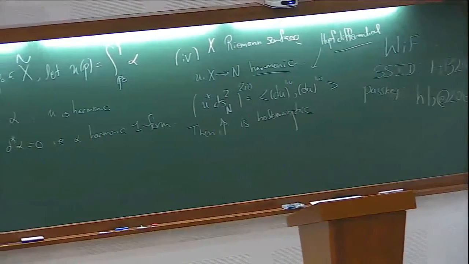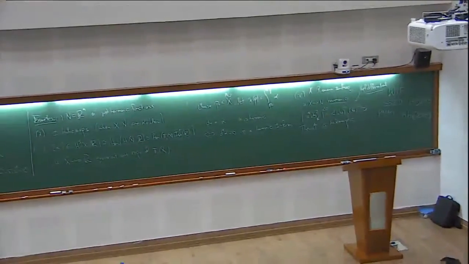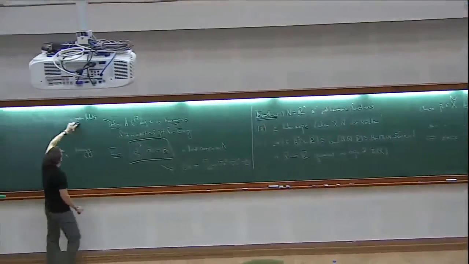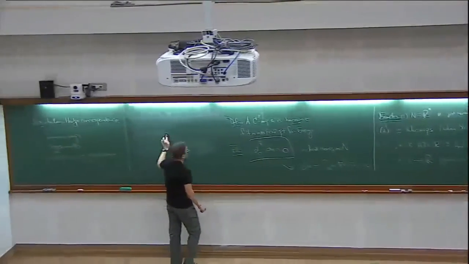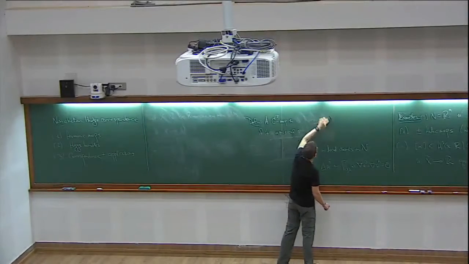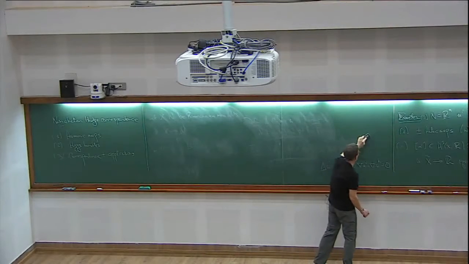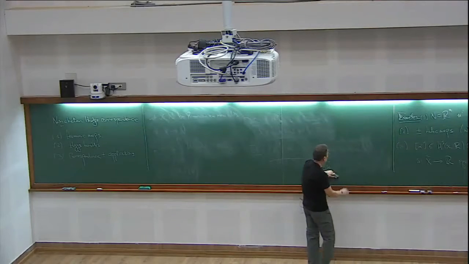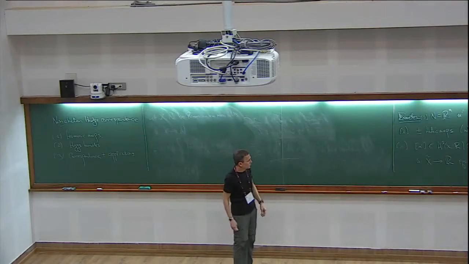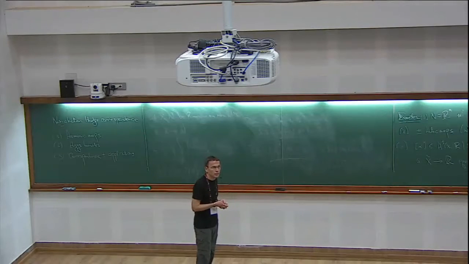Let me just state the main classical theorem about harmonic maps, because that's going to be relevant to us. Unfortunately, I just erased the equation, but in any case, what we see from the expression in local coordinates is that the harmonic map equation is a nonlinear equation.